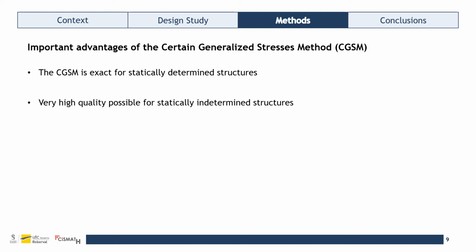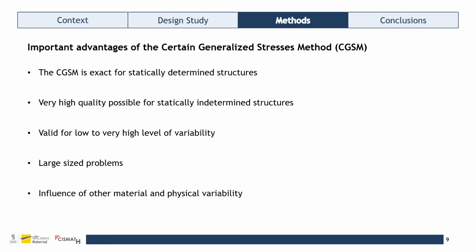The method is valid for low to very high level of variability, and it is suitable for large-sized problems due to the reduced number of finite element analyses. And last, the method can be formulated to study the influence of other material and physical variability on the structural behavior.